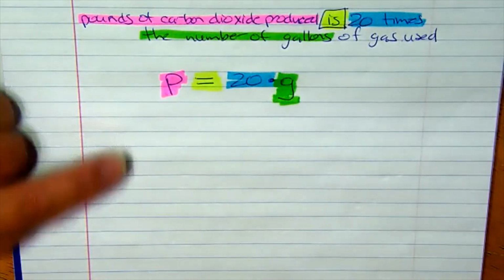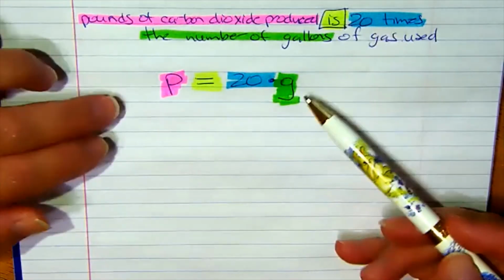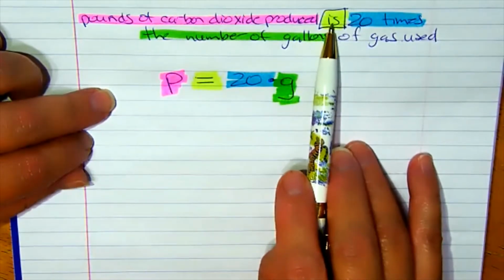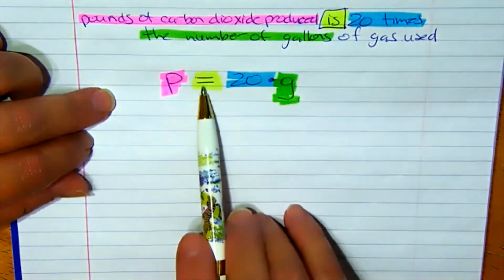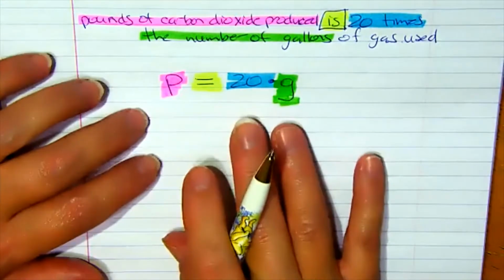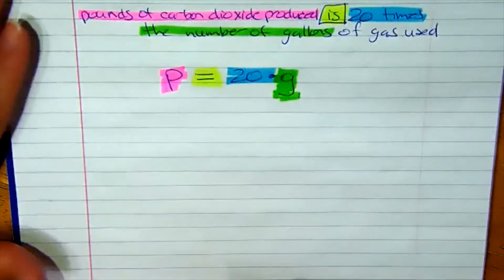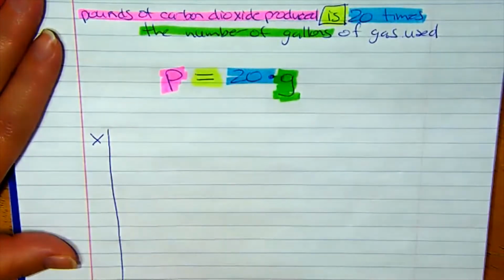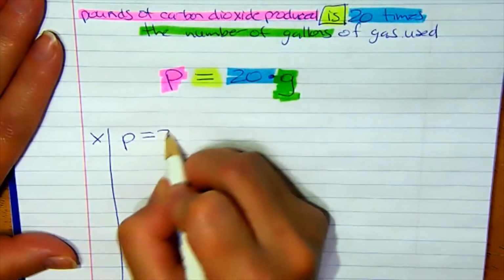Okay? And when you are turning a word sentence into a number sentence, always start with the word is, because is means equals. So now we need to graph this. You guys know how to do that. Here's my function.